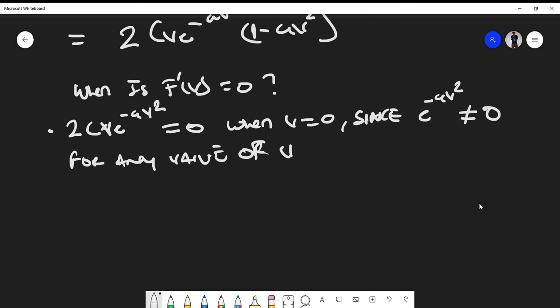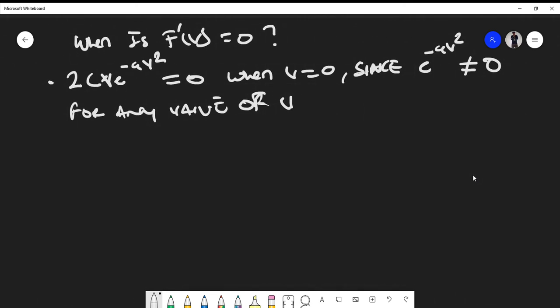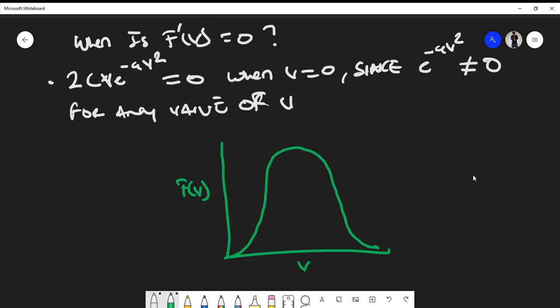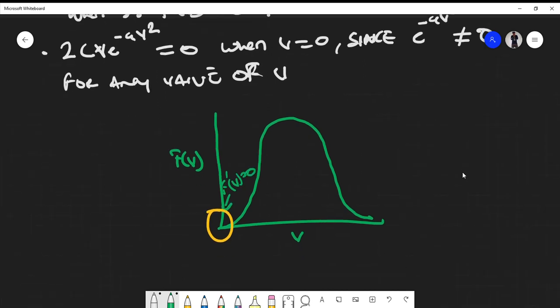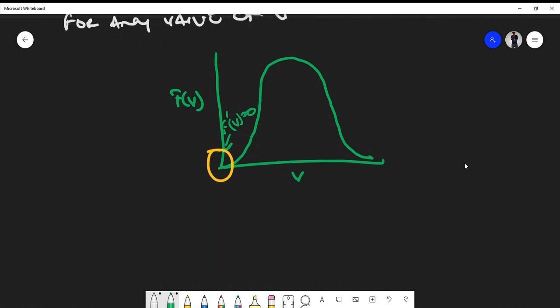If we look at a graph, what I'm essentially saying is that on the x-axis I have v, on the y-axis I have f of v, and around this portion is where f prime of v is equal to 0. Right in this circle is about where f prime of v is equivalent to 0.